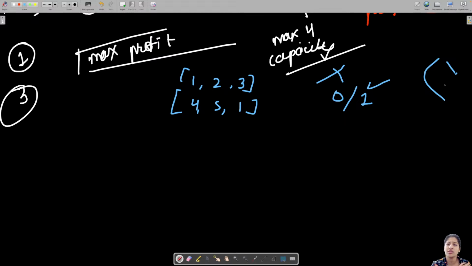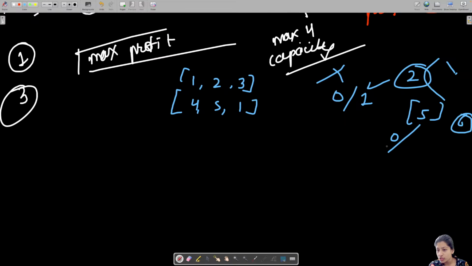If for example I had only one weight and the capacity of my knapsack was 6, you had two options. If you choose it and let's say the profit associated with it is rupees 2, and if you don't choose it you make 0 profit, and if you choose it you make 2 profit. And before choosing you have to make sure that it doesn't exceed the capacity of my knapsack.